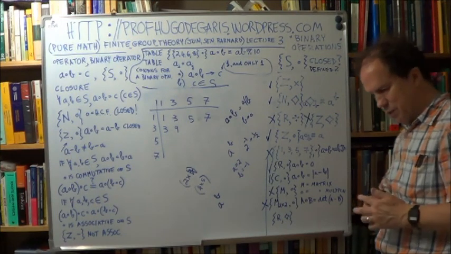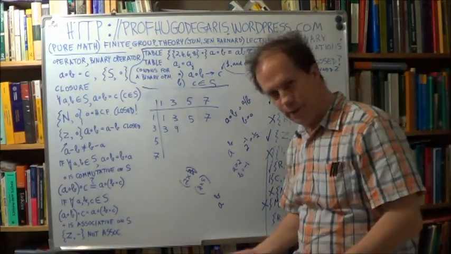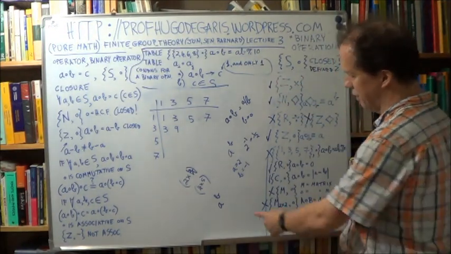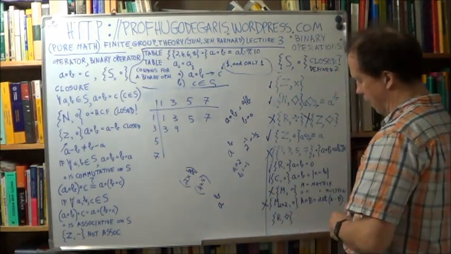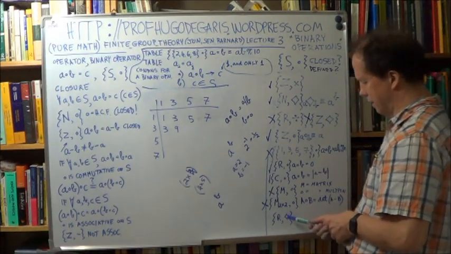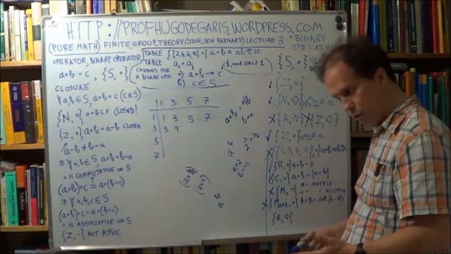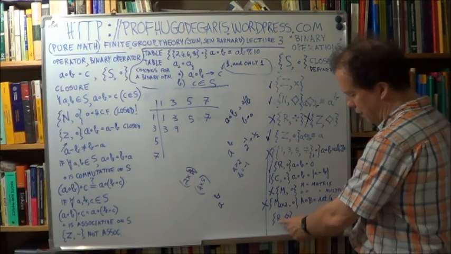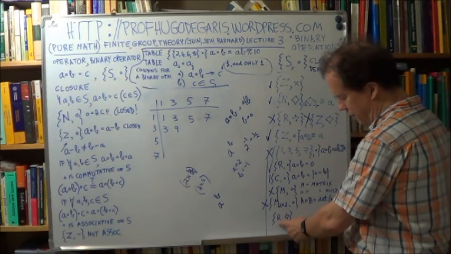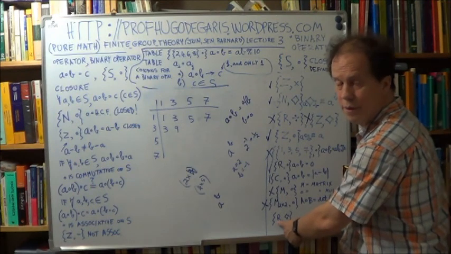Well, let's play devil's advocate. Imagine it fails. Try to find numbers a and b where this operator is not closed. What does that mean in this context? Well, it means the result does not belong to the real numbers.